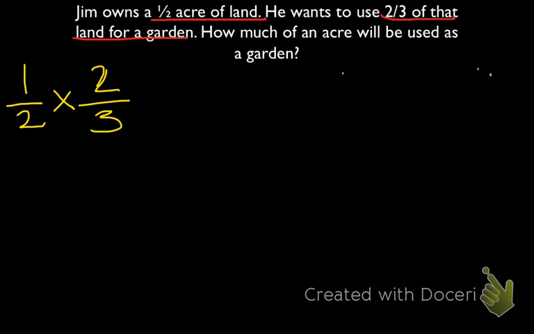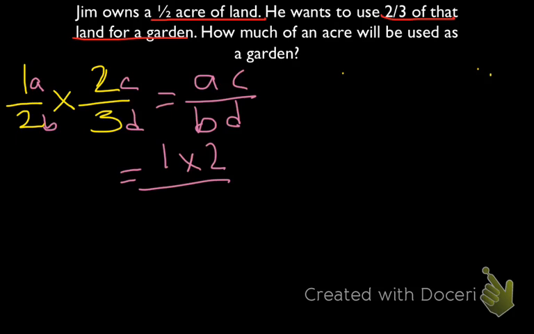We're finding 2/3 of 1/2, so that's a multiplication equation. Based off what we know about multiplying fractions by fractions, we can say A is 1, 2 is B, the 2 in the second fraction is C, and 3 is D. So if you do AC over BD, that's going to equal 1 times 2 over 2 times 3, which is 2/6.